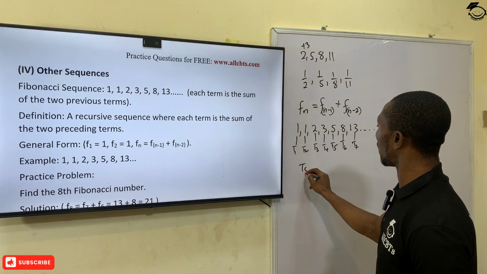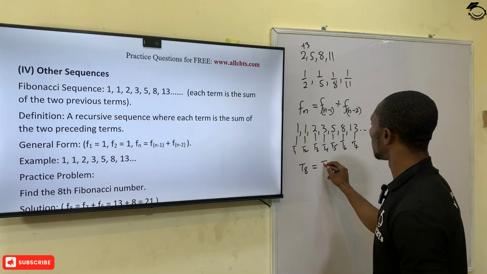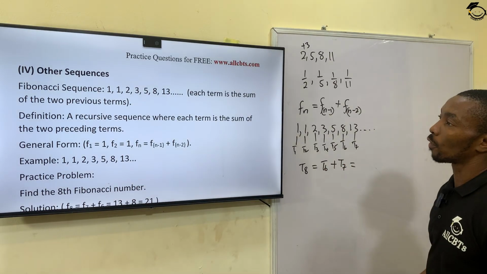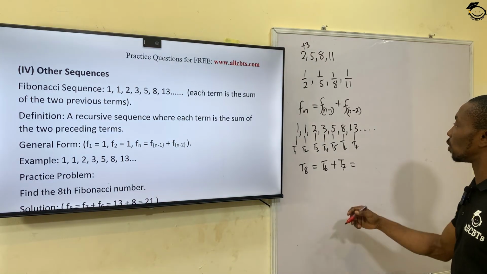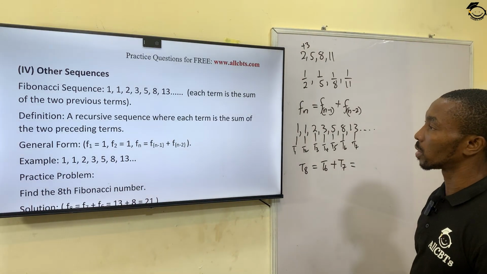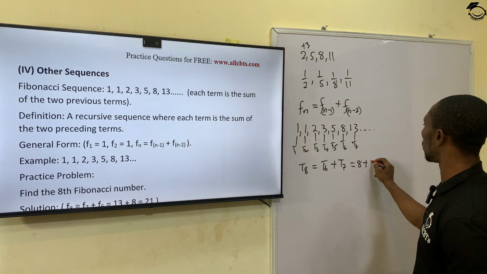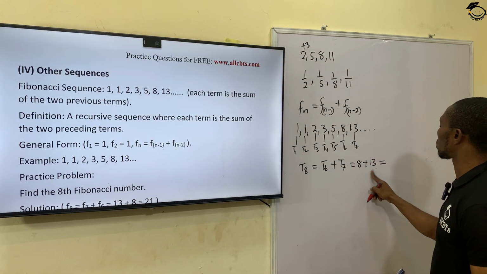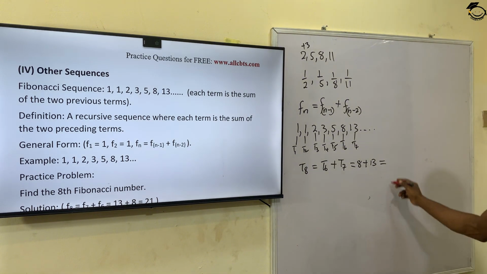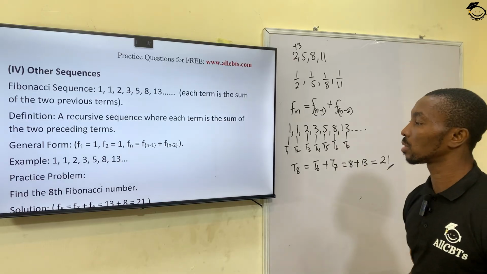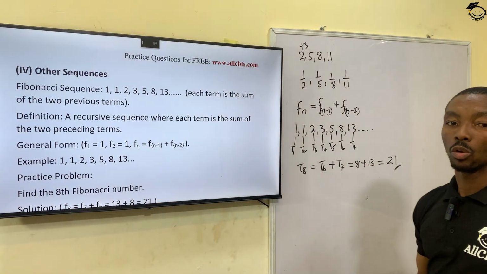So for T8, we have T6 plus T7, since from our definition it is the addition of the two preceding numbers. So 8 plus 13 gives us 21. So the next term in this sequence would be 21.